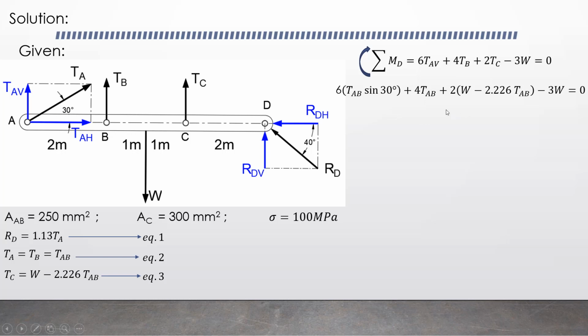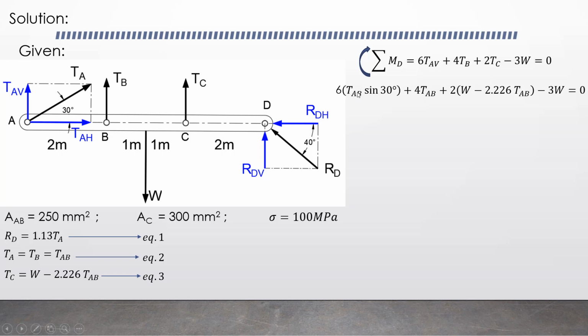So here first, the vertical components of our tension A. We all know that tension A is equal to tension B, and we call it TAB.